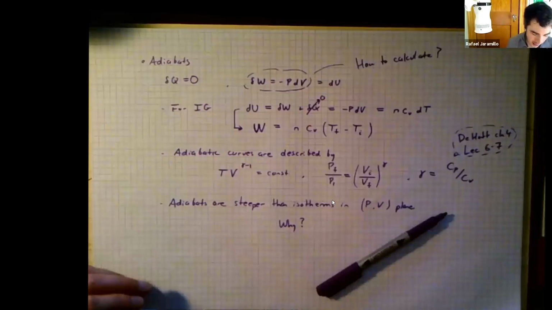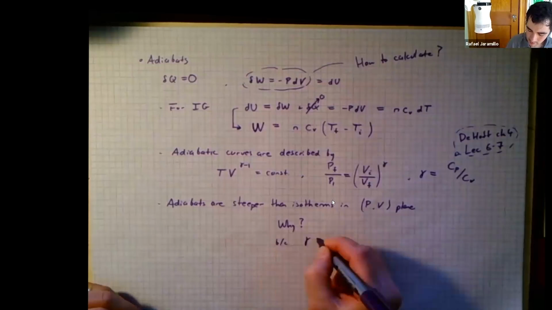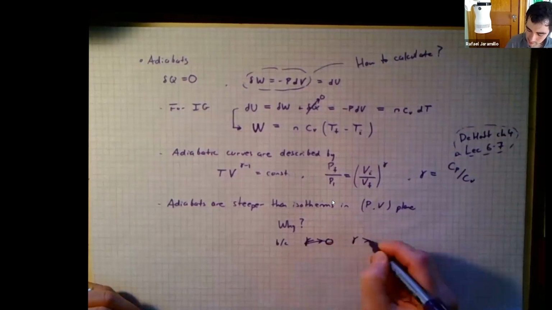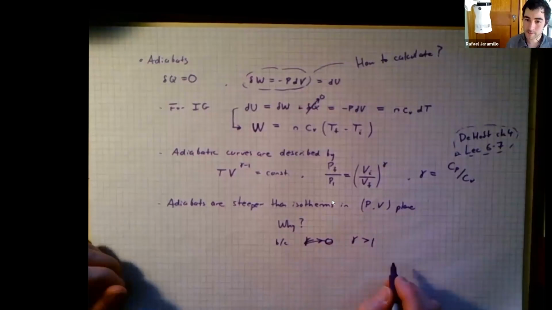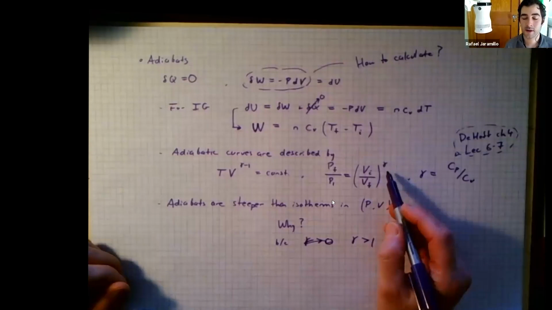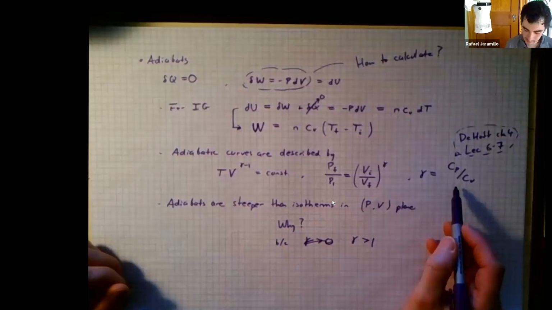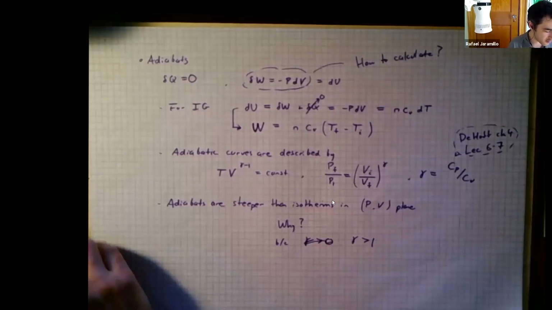Mathematically, it's because gamma is greater than 1. If this were 1, you'd have the same curvature as isotherms, but gamma is greater than 1 for reasons we discussed last lecture, because Cp is bigger than Cv. All right, so those are some properties of adiabats. Let's add it all up.